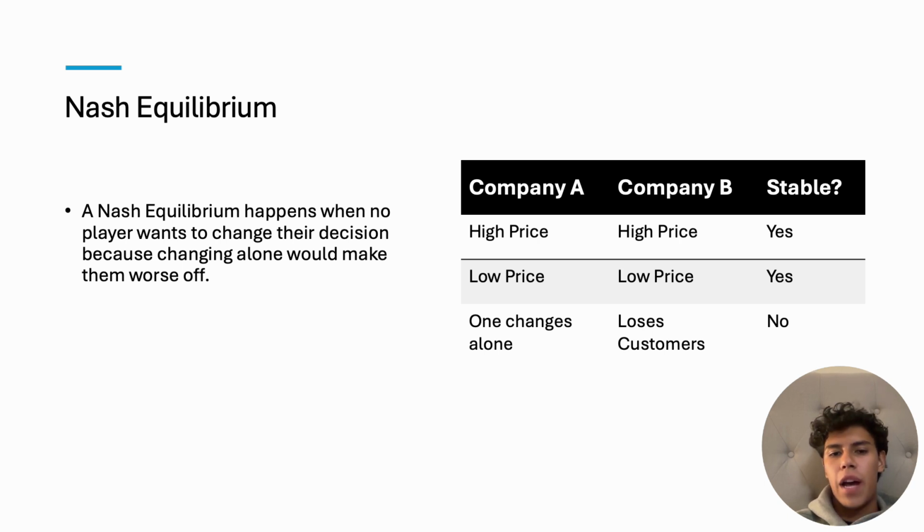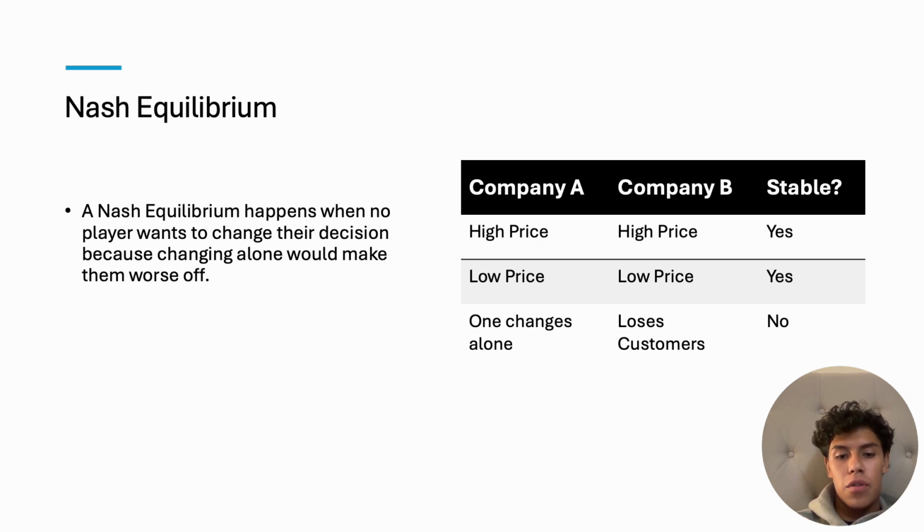Another important concept in game theory is called the Nash equilibrium. A Nash equilibrium happens when every player has chosen the best strategy based on the decisions made by everyone else. At this point, no player wants to change the decision because changing alone would make their situation worse. For example, imagine two competing airlines have already decided on their ticket prices. If one airline suddenly raises its prices while the other keeps prices low, customers will probably choose the cheaper airline.